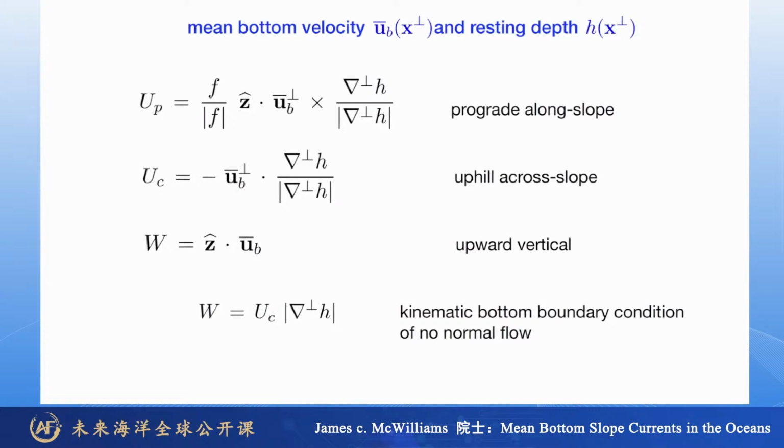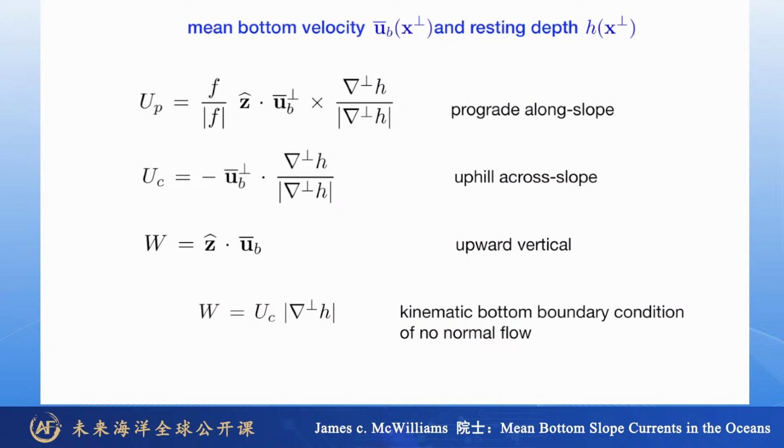So just to define terms in this slide, I'm talking about bottom currents. The subscript B means bottom. I'm talking about topographic gradients. H is the resting depth. When I have a perpendicular symbol next to a vector, I mean the horizontal component. And so prograde along slope flow, that is flow along isobaths in the direction of topographic Rossby waves, is defined here as UP.